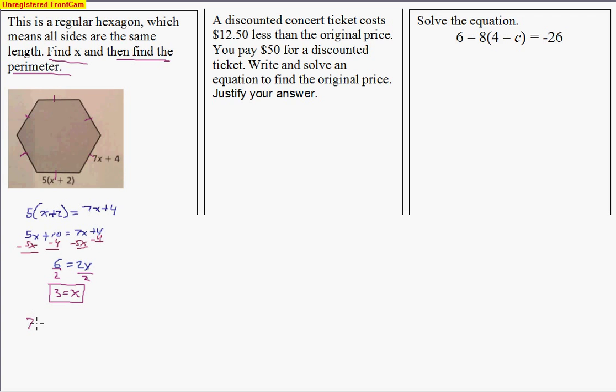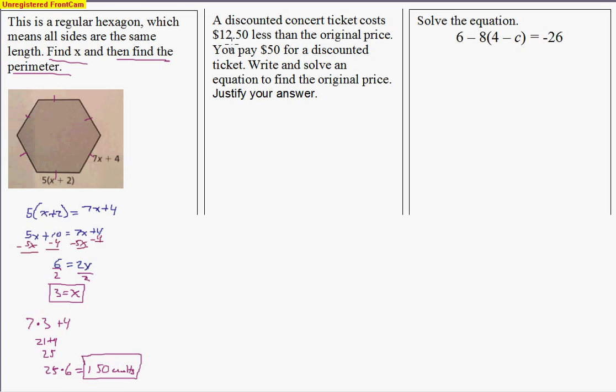And so 7 times 3 plus 4 makes 21 plus 4, which gives me 25. I get the same thing if I put 3 in for this x here. Then I take that 25 and multiply it by 6, and that gives me 150. So 150 units is the perimeter.